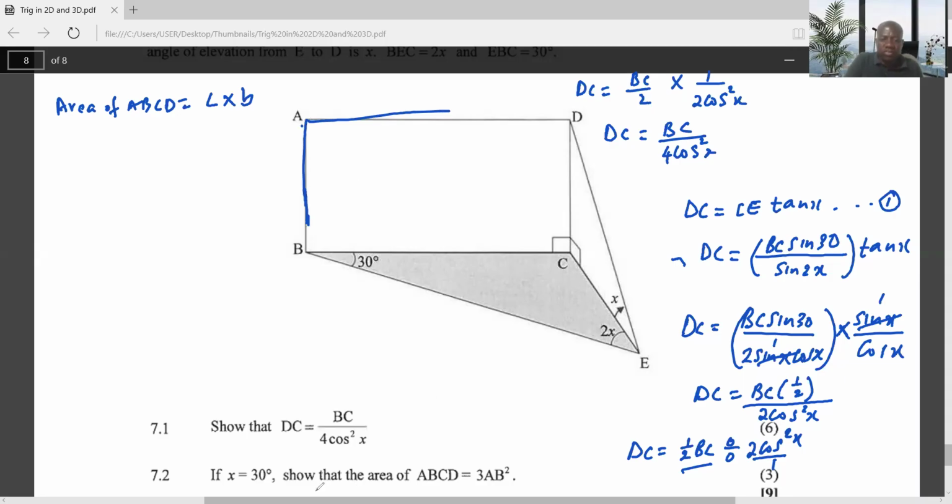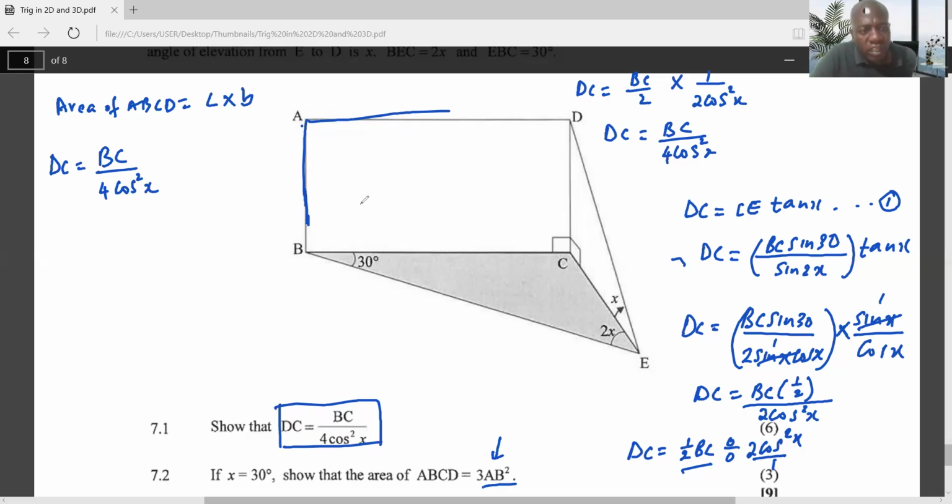But they're saying we need to show that the area of ABCD is 3AB squared. So it means AB should be part of the expression. And how to do that? We come back to what we have done here and say DC is BC over 4 cos squared x.